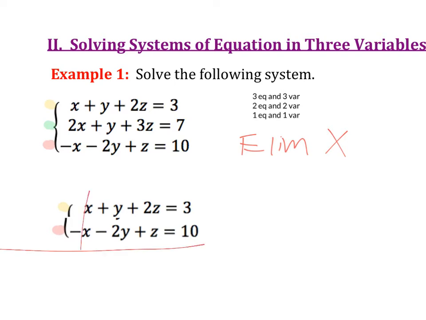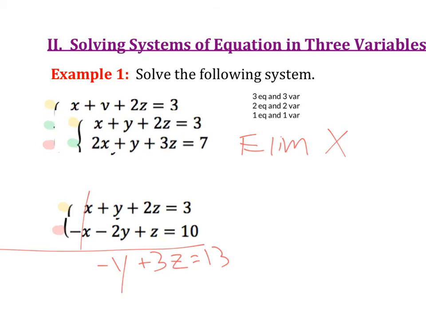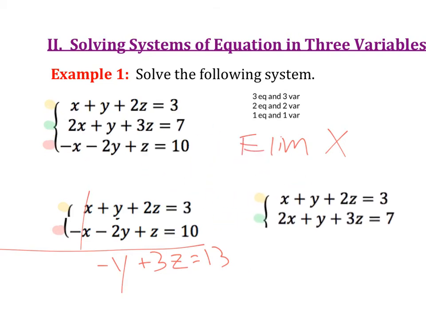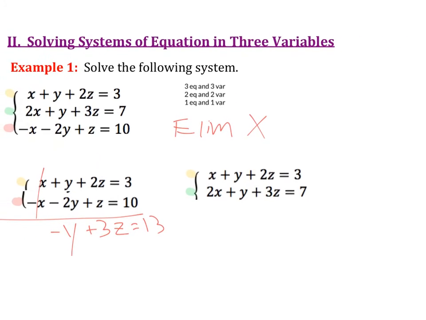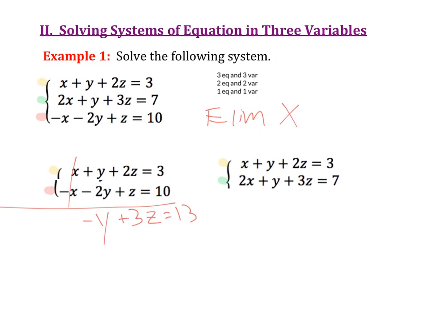X's cancel, that's what we want. I have a negative y plus 3z, and that's going to equal 13. Cool. Let's see. If I did the first equation and the second equation, I could eliminate the x's again if I multiplied everything from that first equation by maybe a negative 2.